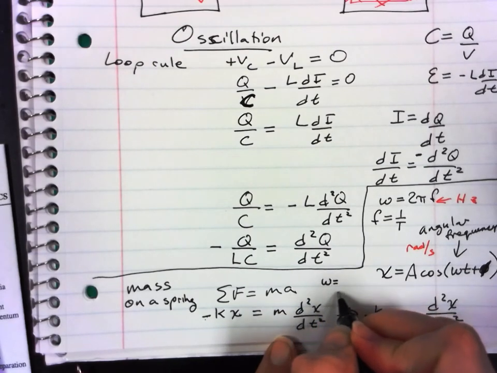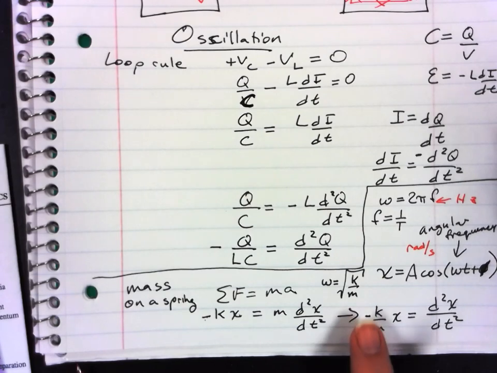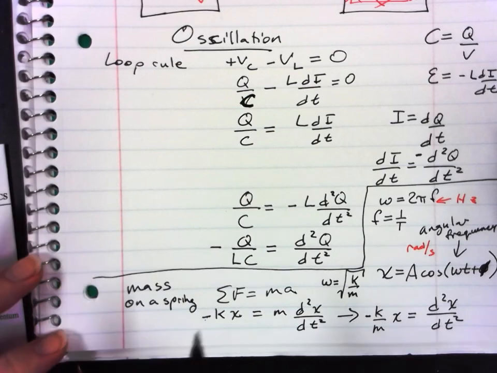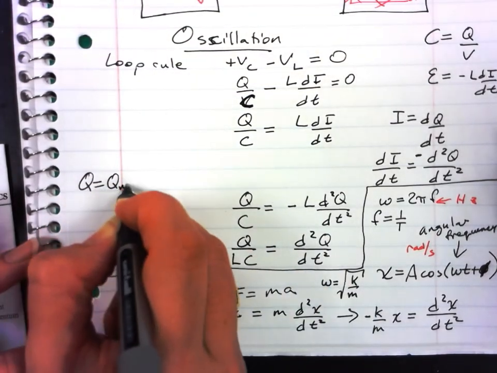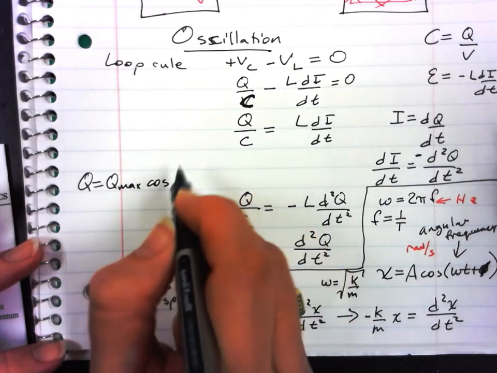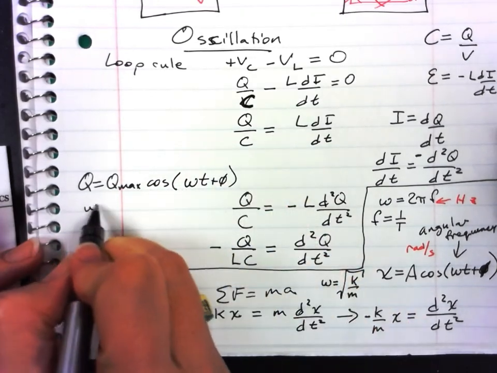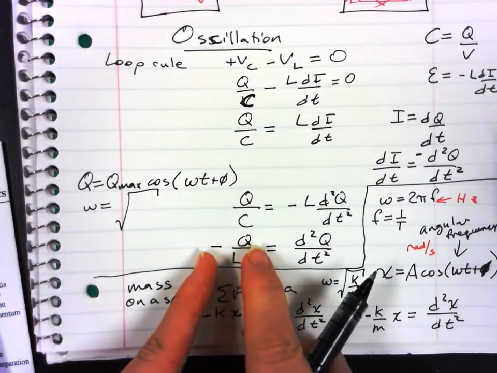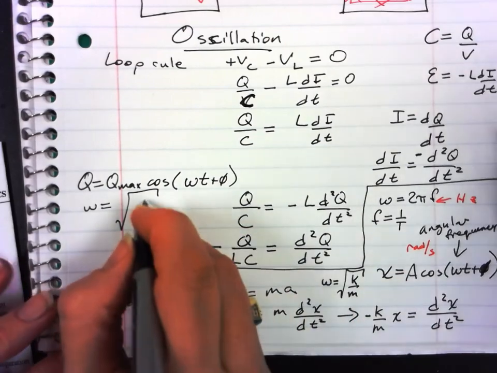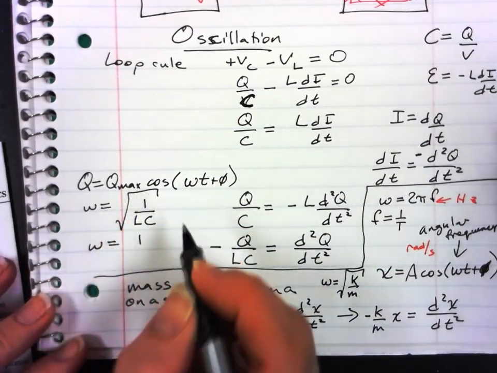Omega squared equals k over m, excuse me. That's why it's a square root. So for this situation, we would have the same form of the solution. Q would equal Q max times cosine of omega t plus phi, and omega is equal to the square root of the thing between the negative sign and the Q, which is 1 over LC. Now we would usually write that as taking the 1 out of the square root.